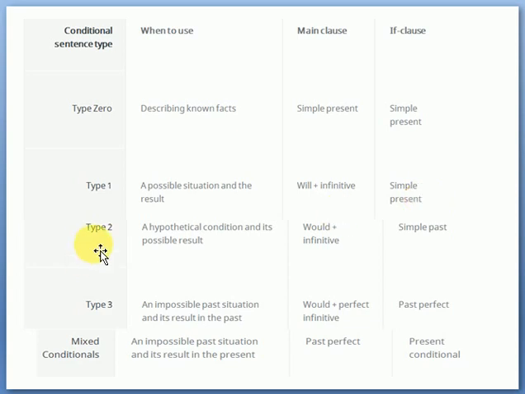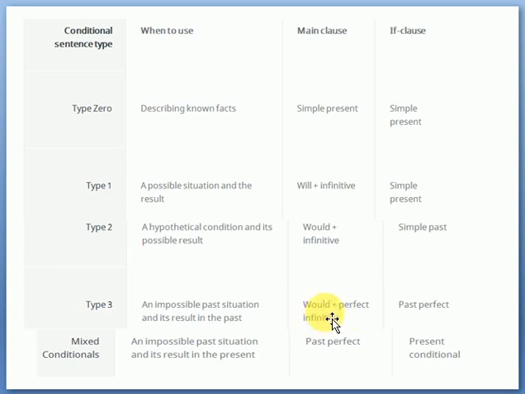If we have a look at the second conditional, then we see that this discusses a hypothetical condition and its possible result, and if we have a look at the grammatical structure, we see that it makes use of would, could or should plus the first form of the verb in the main clause and simple past in the if clause, whereas the third conditional also discusses impossible situations, but discusses their result in the past, and that makes use of would plus perfect infinitive.